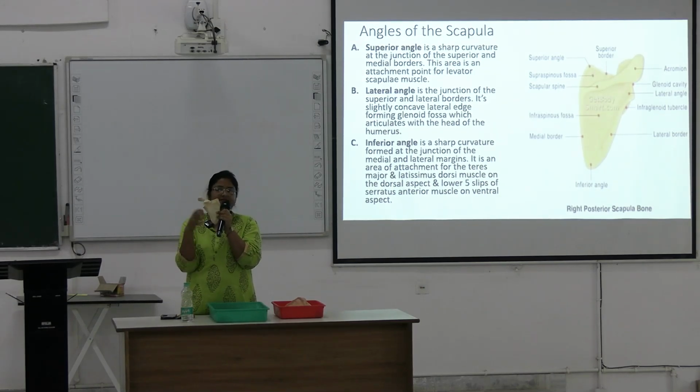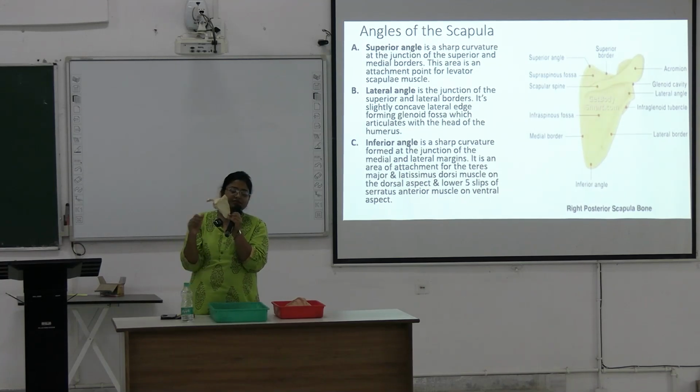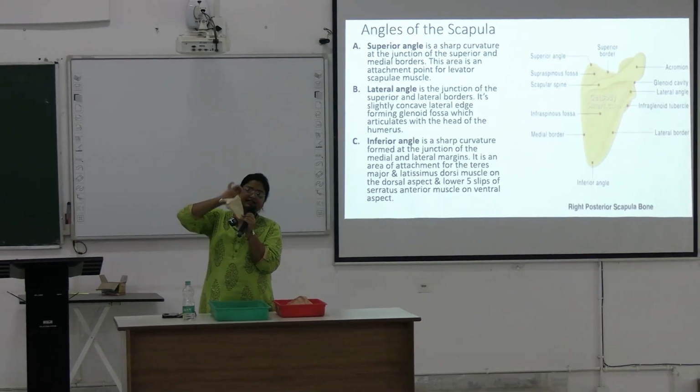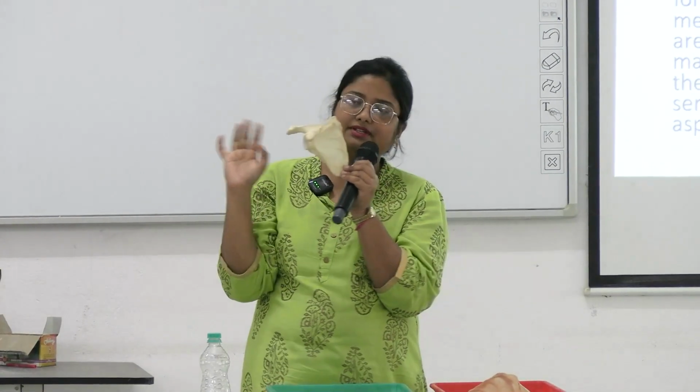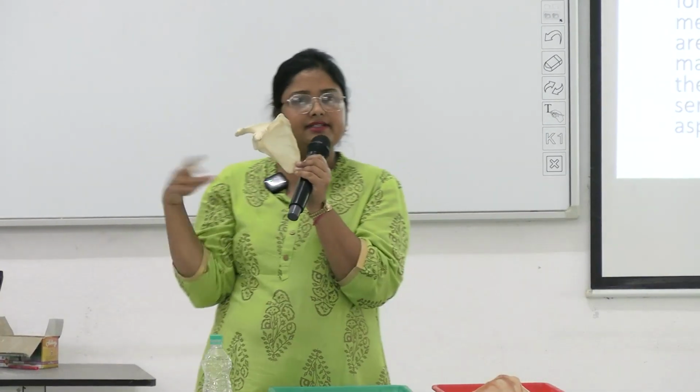So it arises by 8 sleeves: 5 at the inferior angle, 2 here and 1 is here. So serratus anterior muscle is attached along the medial border on the costal aspect or anterior aspect of the scapula. All other muscles along the margins are attached on the dorsal aspect.